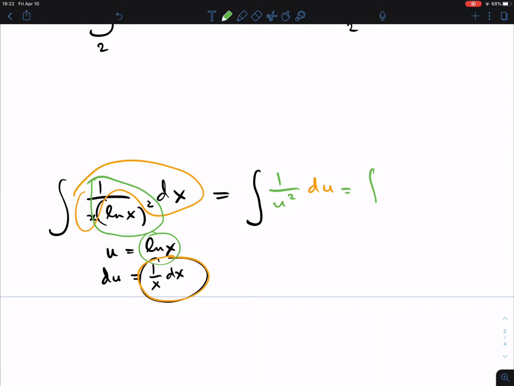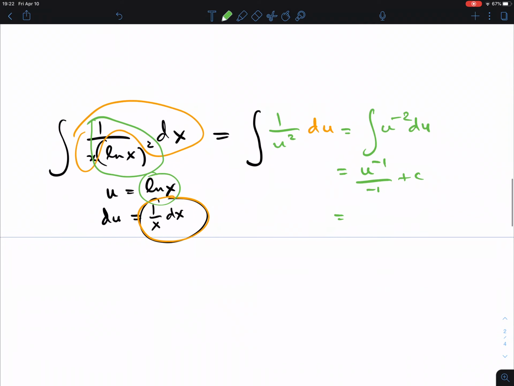Or, if you want, u to the power negative 2, and then the power rule: add 1 to the exponent, divide by the new exponent, plus c. What is u? u was ln x. Normally you don't have to simplify, but when you have to work with things, it's sometimes better to simplify. So the minus comes on top, and u to the minus 1 is 1 over u, so minus 1 over ln of x.